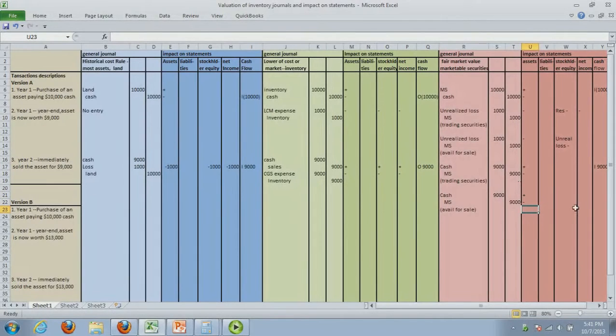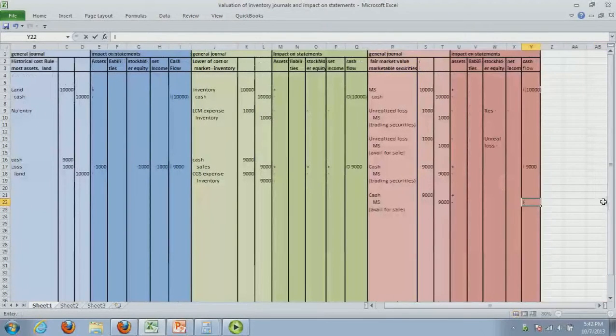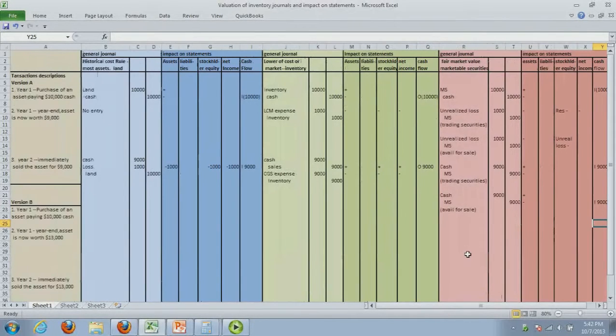Minus. And we can do the same thing under stockholders' equity, except under stockholders' equity, actually we don't have, putting this up, we have an asset exchange. And the cash flow, the cash inflow is still investing, so I'll put the 9,000. But there is a difference with available for sale, because right now we have unrealized loss, which is sitting there under stockholders' equity.